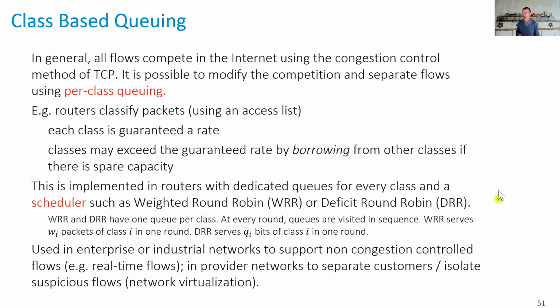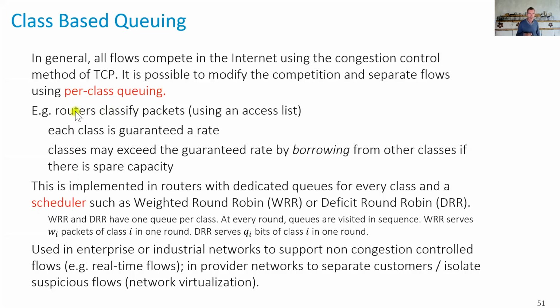So far, in everything we've said, all flows are treated the same because the congestion control is end-to-end. It's only the source that reacts to feedback it receives from the destination and accumulated over the path. So in routers, all flows are the same. But of course, we can modify this by having separate queues for separate classes of traffic.